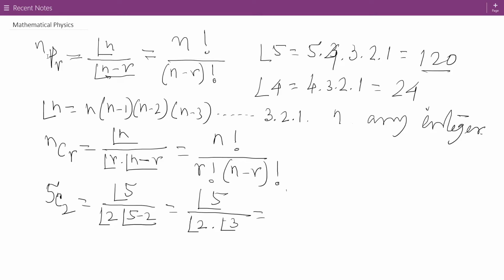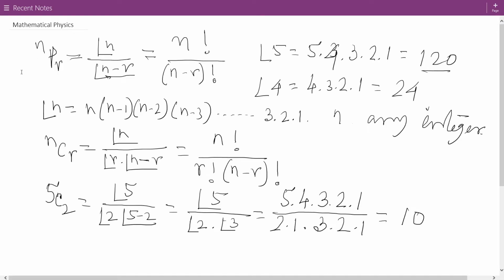You write 5, 4, 3, 2, 1, this is factorial 5, and factorial 2 means 2 into 1, and factorial 3 means 3 into 2 into 1. That means 20 by 2, which is 10. It signifies that 5C2 equals 10.